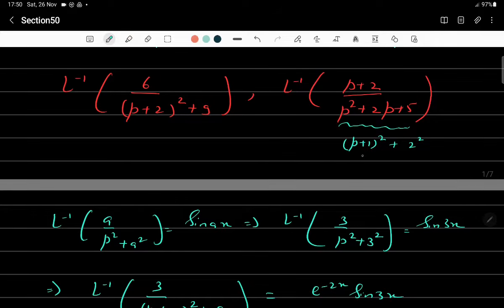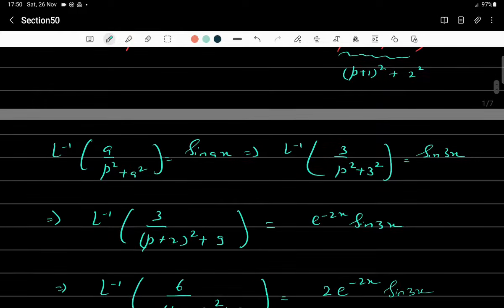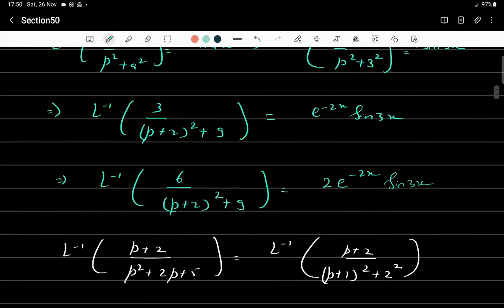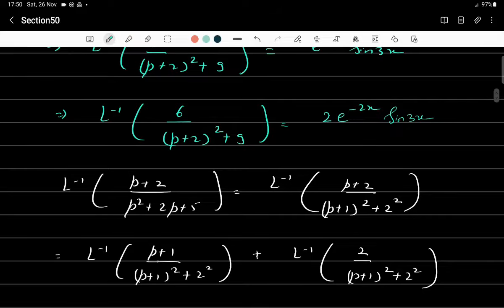So in the numerator also I need p plus 1, and that's why I should write the numerator as p plus 1 plus 1. So I break it as (p plus 1) divided by (p plus 1) whole square plus 2 square, plus 1 by (p plus 1) whole square plus 2 square. Now it's straightforward.